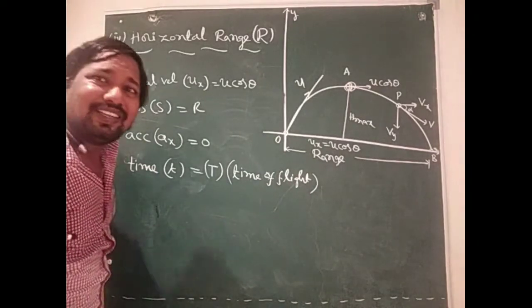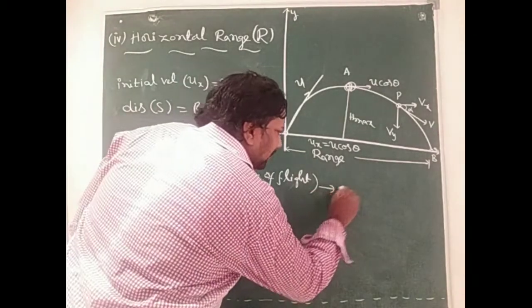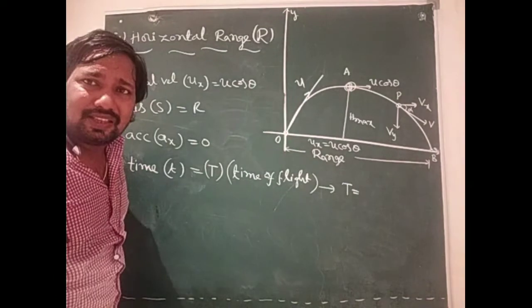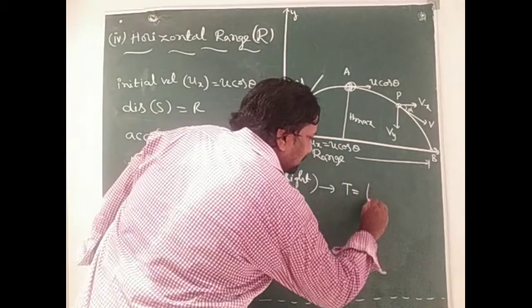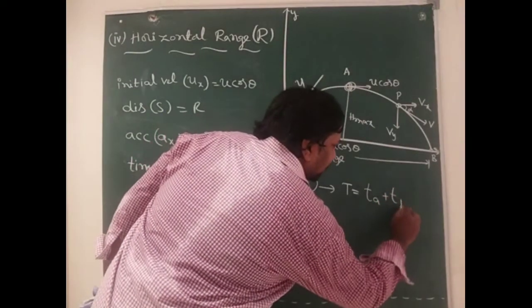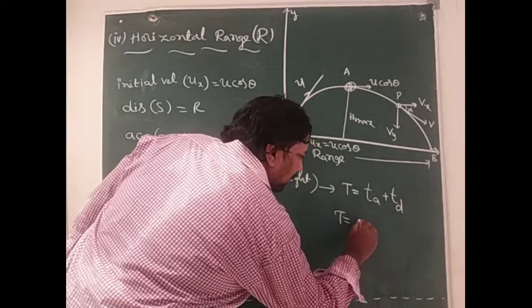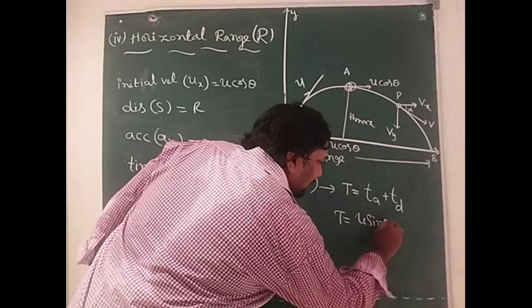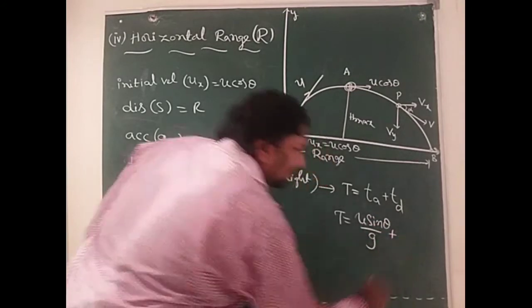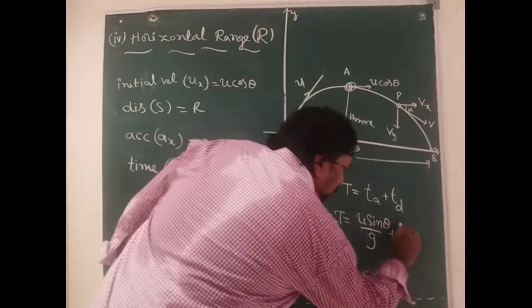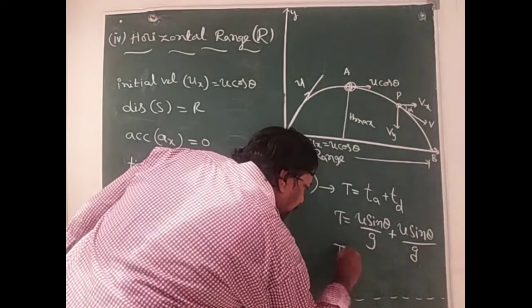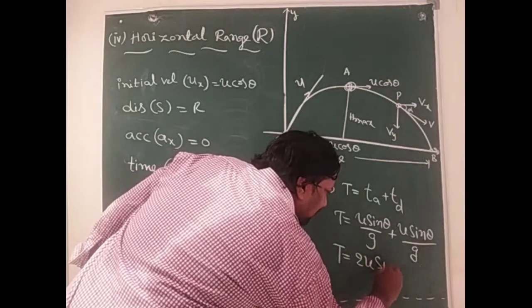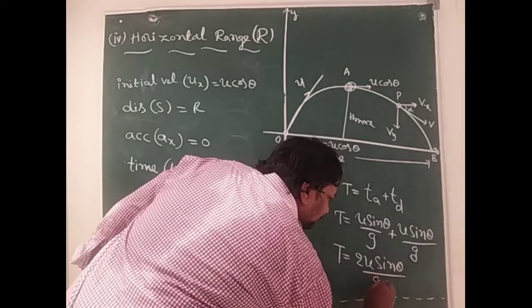So what is time of flight? Time of flight means the sum of the time of ascent and time of descent. So that is T_A plus T_D. So here T equal to time of ascent u sin theta by g plus time of descent u sin theta by g. So now time of flight T equal to 2u sin theta by g.